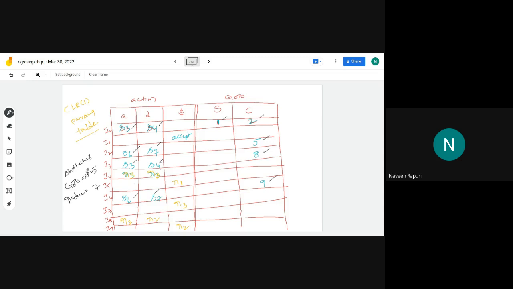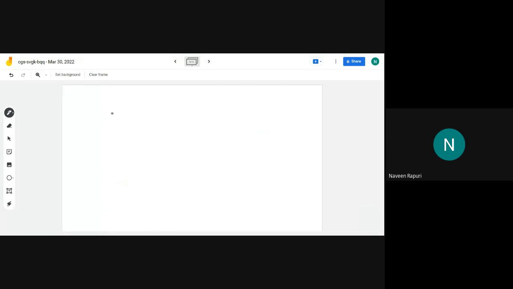So you may get questions like this: how many shift actions are there, how many go to actions, how many reduce actions are there. For constructing SLR1 parsing or CLR1 parsing, first we need to construct the augmented grammar.